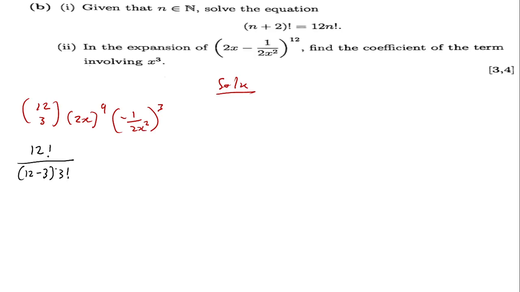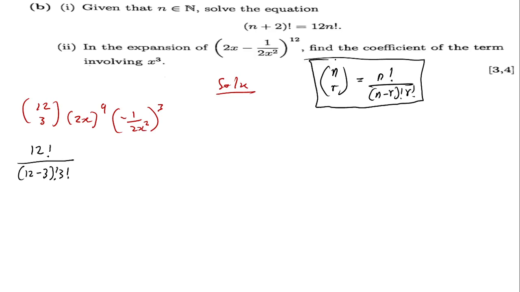So that's how you express it. Or in terms of the formula, n combination r, the formula which you have to use is n factorial over n minus r factorial times r factorial. So this is the formula you have to apply at that particular point.